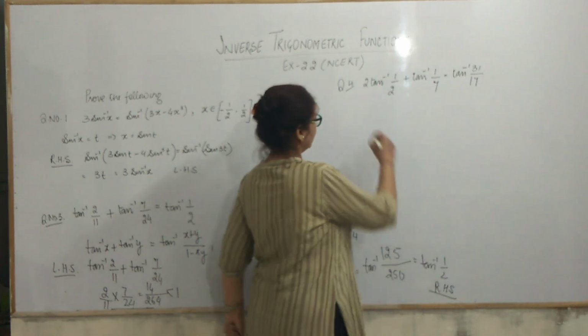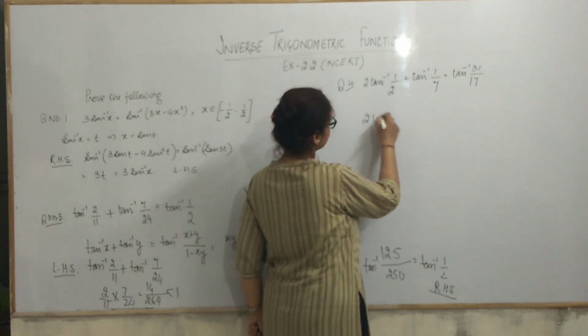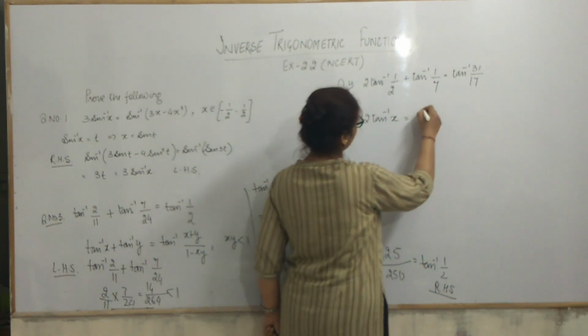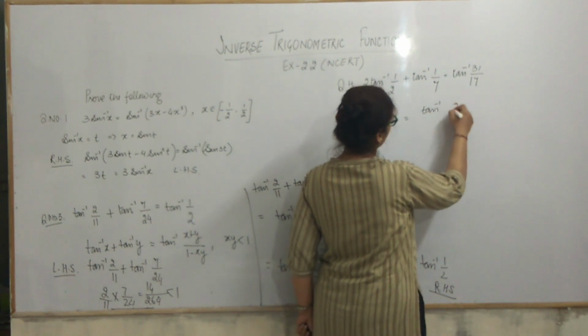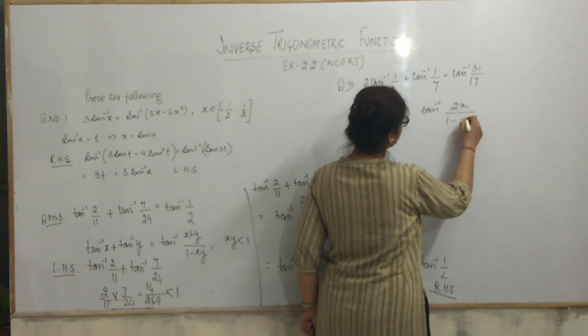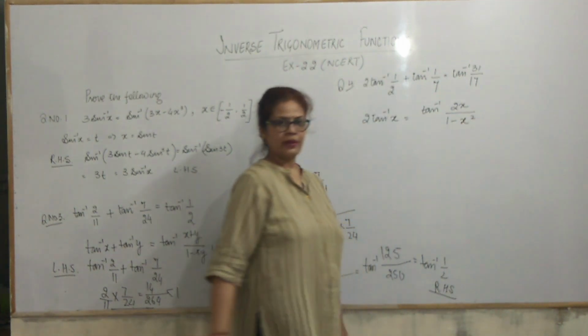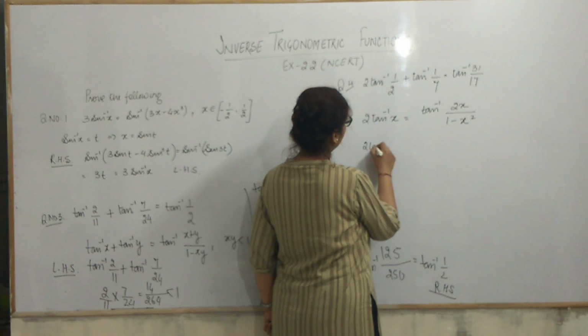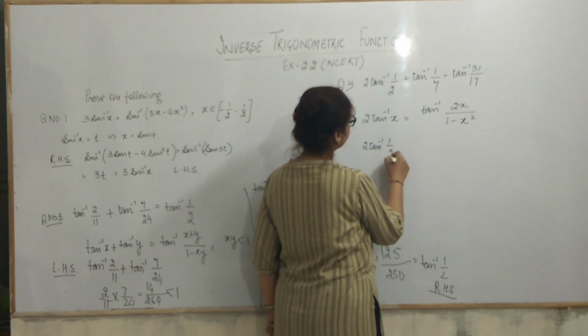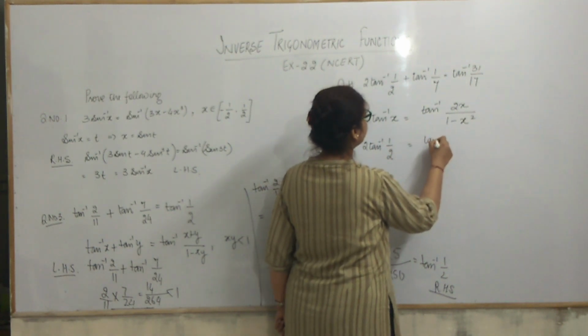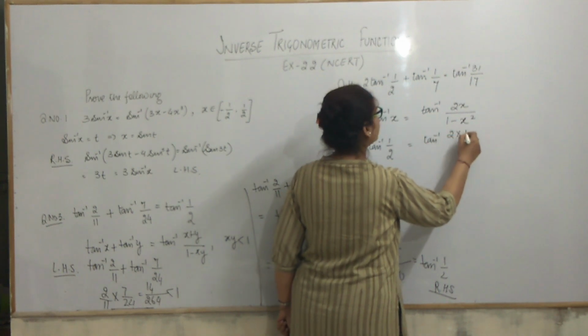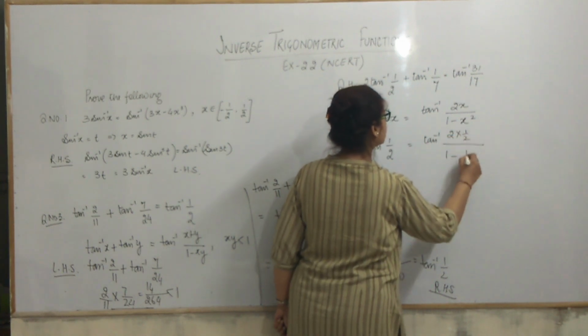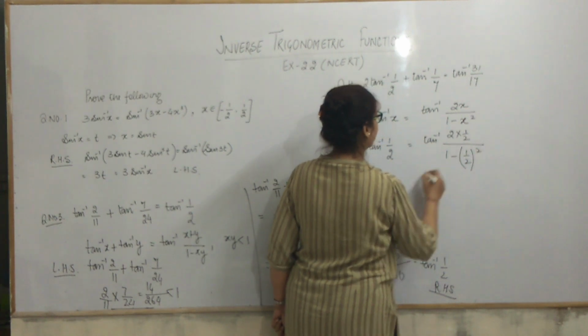So you remember the formula, property number 6: 2 tan inverse x is equal to tan inverse of 2x upon 1 minus x square. Right? So just apply: 2 tan inverse 1 by 2 is equal to tan inverse of 2 into 1 by 2 upon 1 minus 1 by 2 whole square.